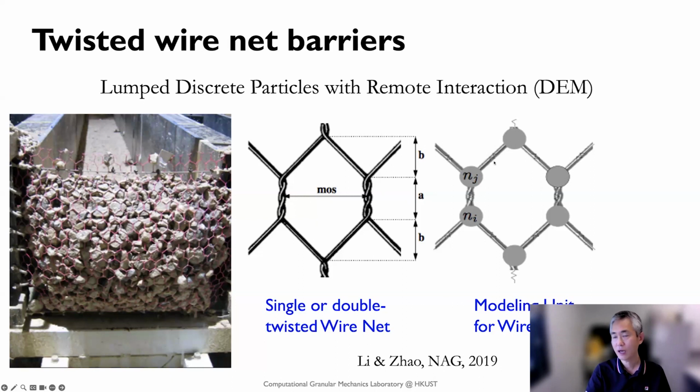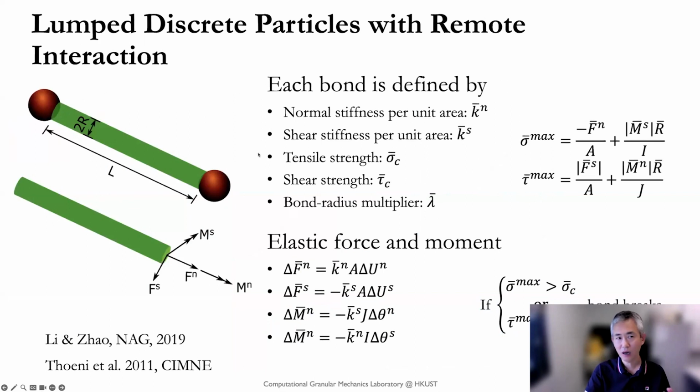They can have interaction forces, and then they can be broken as well. So this is how we extend our DEM simulation to simulate such a unit for the wire knot, lumping the mass into particles with remote interaction for that purpose.